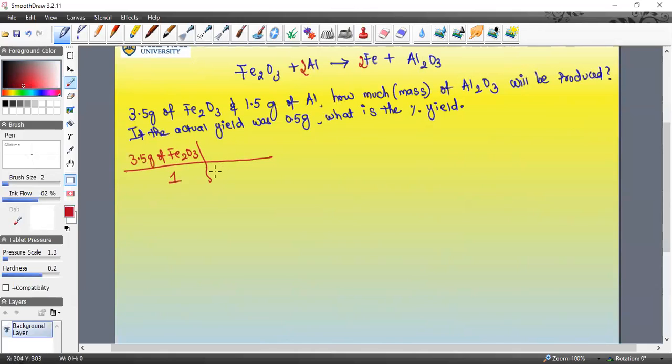I think we did that in the earlier screen. It's 56 times 2 plus 48. I believe it's 160 grams per mole. And this is where you use the mole ratio. So I'm going to write that in a different color, perhaps a pink. So this is iron oxide, right?